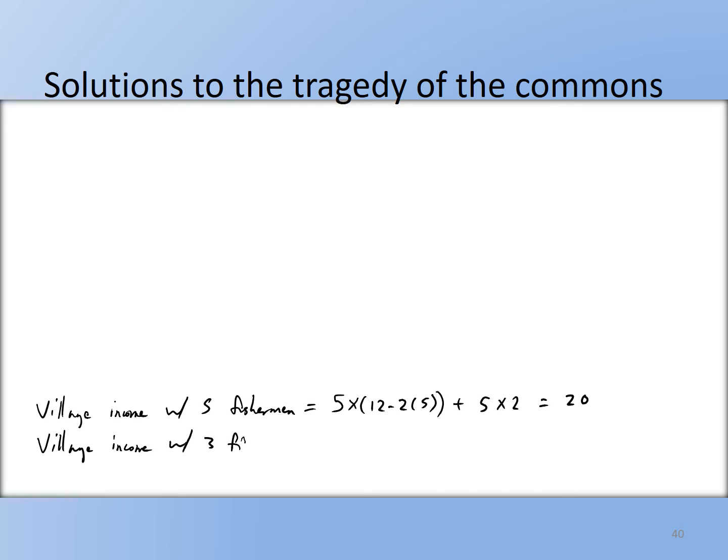Village income with 3 fishermen. There are 3 of them. They earn 12 minus 2 times 3, plus the remaining 7 of them earn $2 from weaving basket. So in this case, you have 3 times 6 is 18, plus 7 times 2 is 14, so that's 32, right?